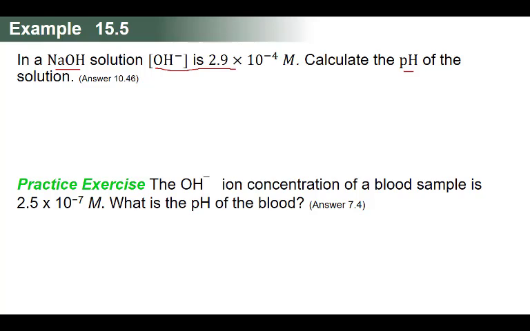First we'll calculate the pOH, because this is a base. pOH is equal to minus log hydroxyl ion, so minus log 2.9 into 10 raised to the power minus 4. So the answer will be 3.54 pOH.